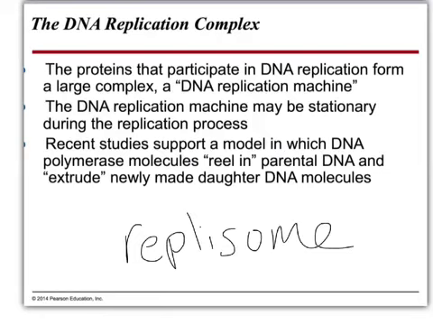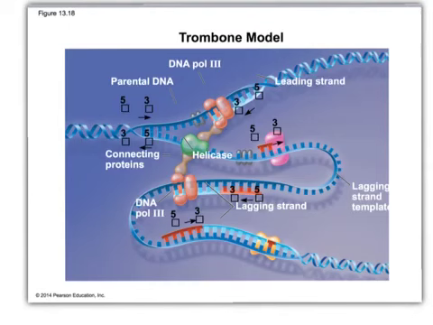Okay, and as it comes out, the one strand is being replicated continuously. The other strand has to come through in chunks. And this is what's called the trombone model of DNA replication.